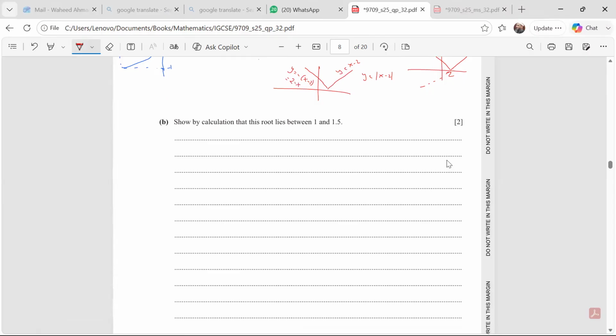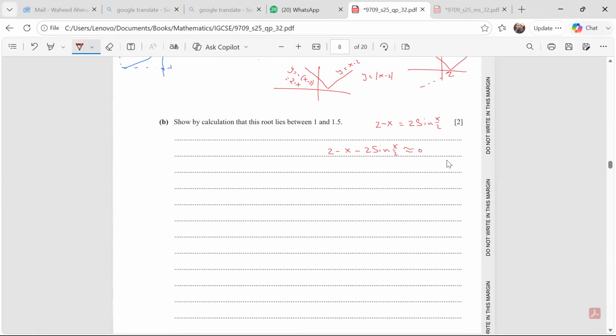So I have to find the solution of 2 minus x equals 2 times sine x by 2. If I bring it to the other side, 2 minus x minus 2 sine x by 2 must be 0, right?